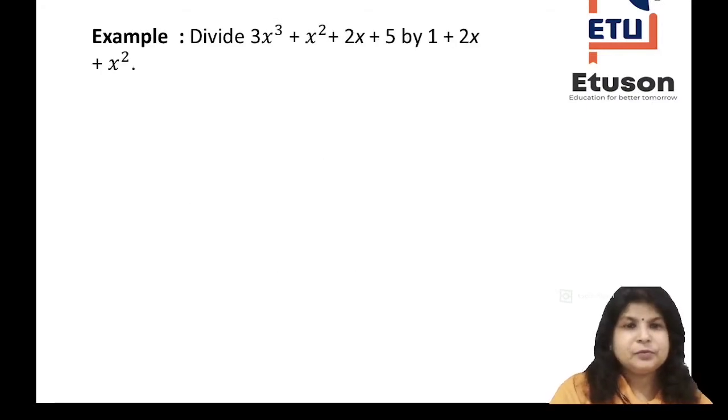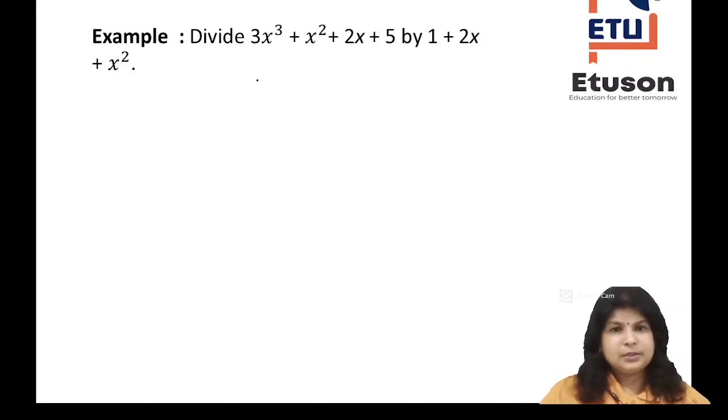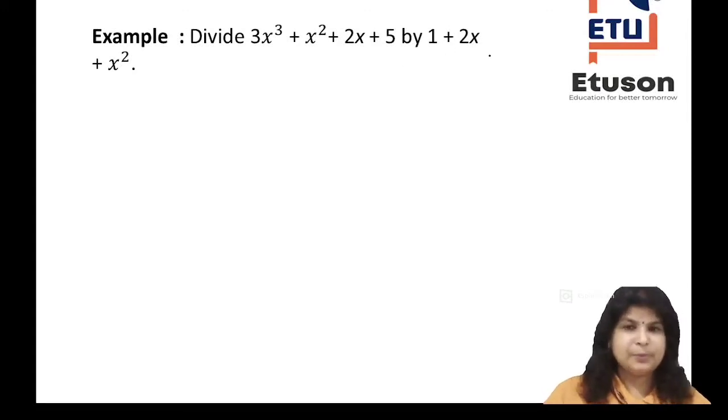Okay. So the next problem is, you have 3x cube plus x square plus 2x plus 5 divided by 1 plus 2x plus x square. So here first you have to arrange it properly and write it in the standard form and go for the division.